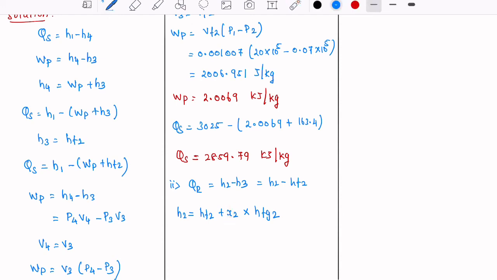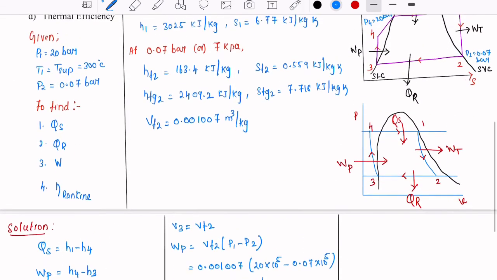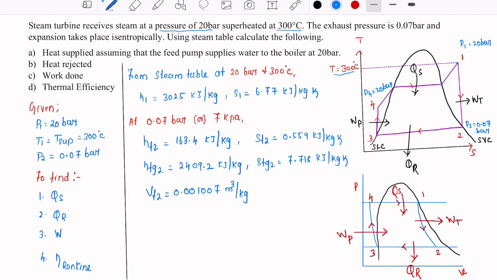We know that due to the isentropic expansion process, S1 is equal to S2, which is equal to SF2 plus X2 into SFG2. We have this equation and we know the value of S1, which is 6.77.